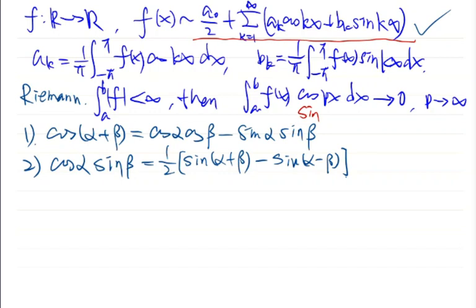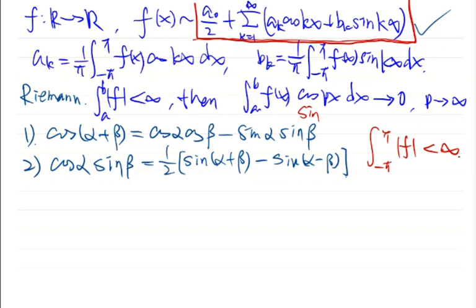Now, to study the convergence problem of this series, we study its partial sum. So we assume that f is absolutely integrable, that is, the integral from minus pi to pi of |f| is finite.